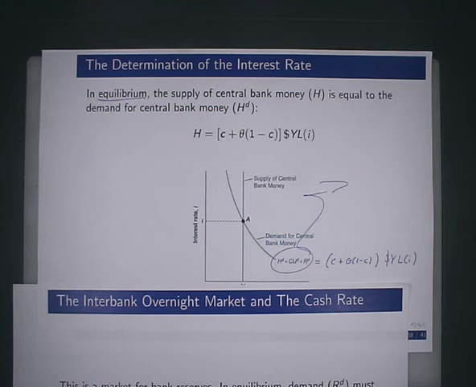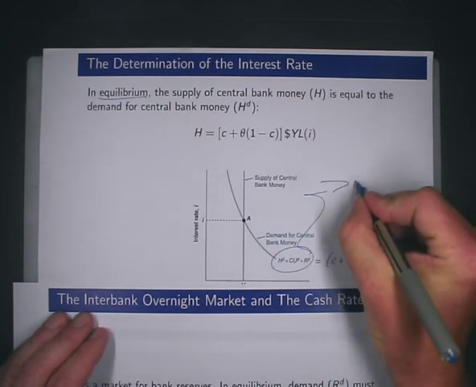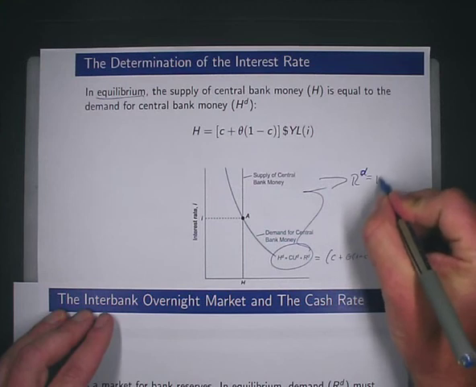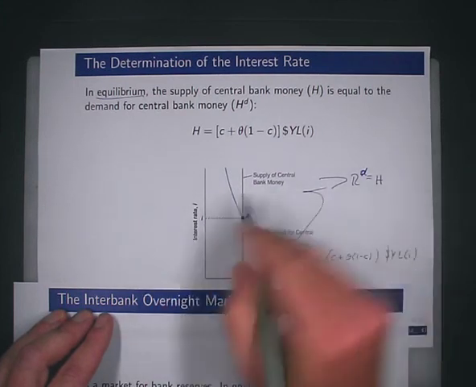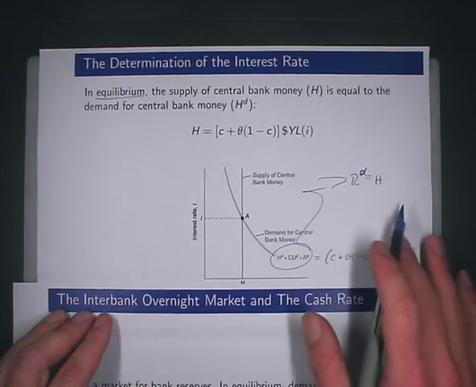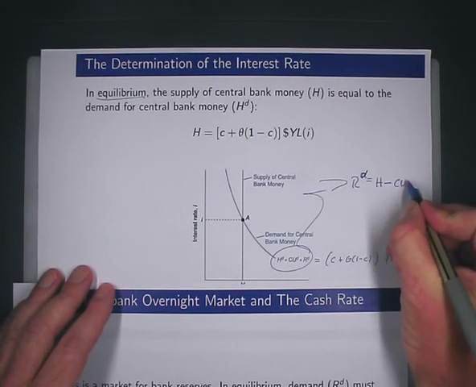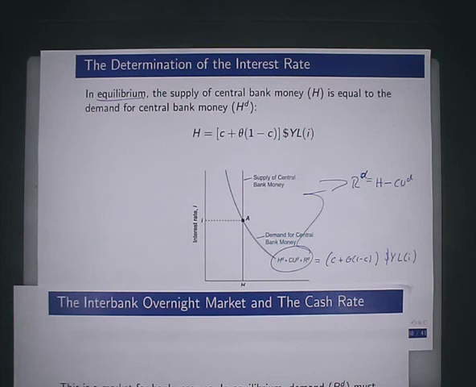The demand is simply, in equilibrium, the supply of money, which we call H, minus a demand for currency.